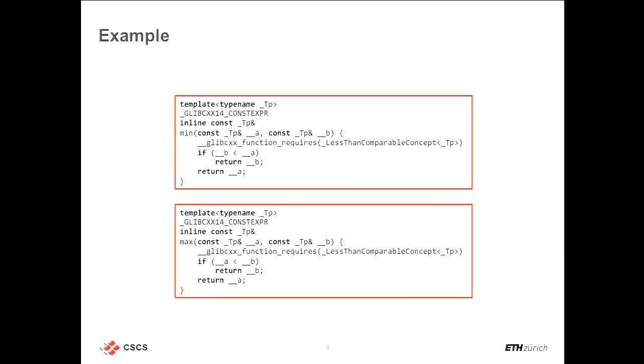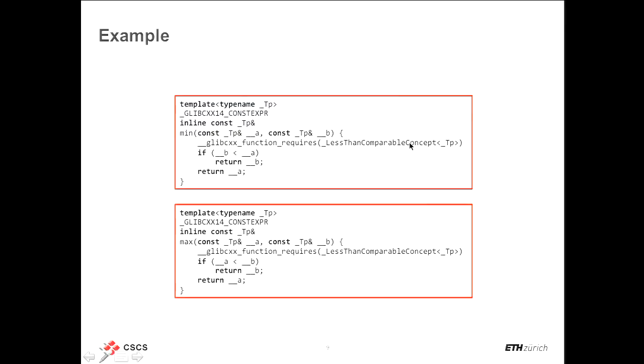Just to show you before going to lunch, this example is actual standard template library code for implementing the minimum and the maximum functions. The minimum is a function that takes two arguments, A and B, which are templates, and it has a check here that says, check that this type is less-than comparable.